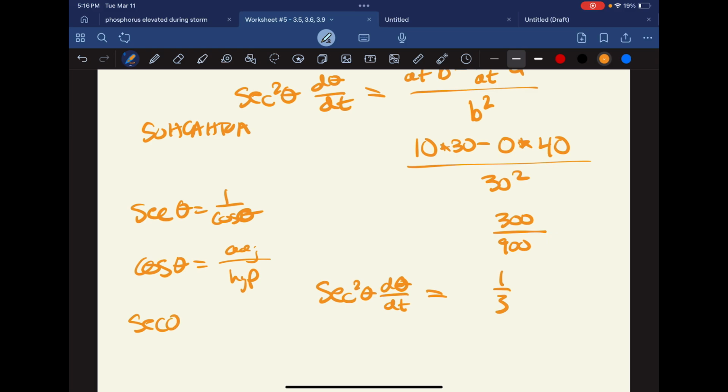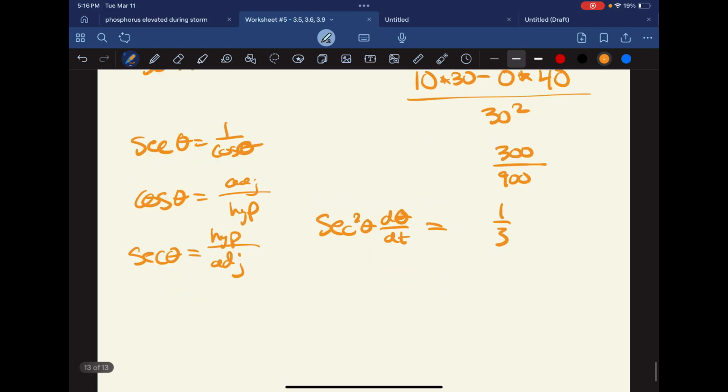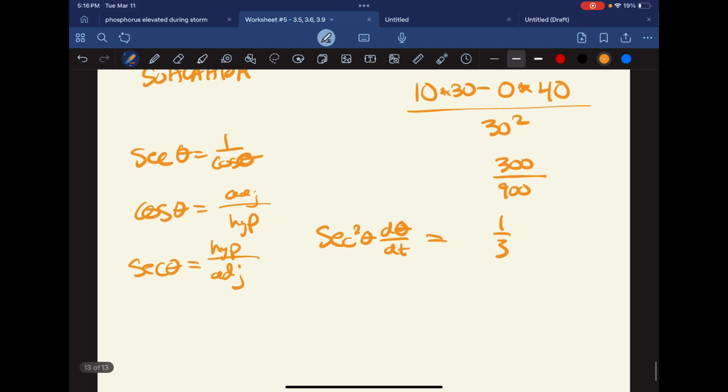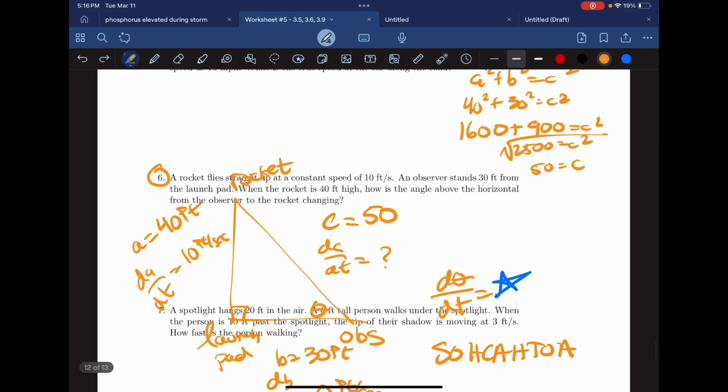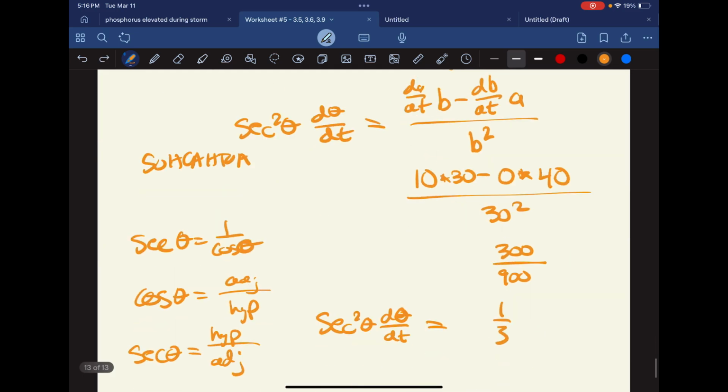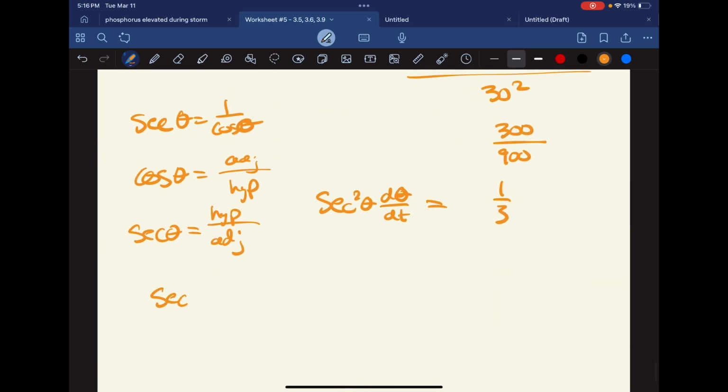So if cosine is adjacent over hypotenuse, then secant is hypotenuse over adjacent. In this problem, our hypotenuse is 50 and our adjacent is 30. So secant theta equals 50 divided by 30. So secant squared is 50 divided by 30 squared, times d theta/dt, equals 1/3.